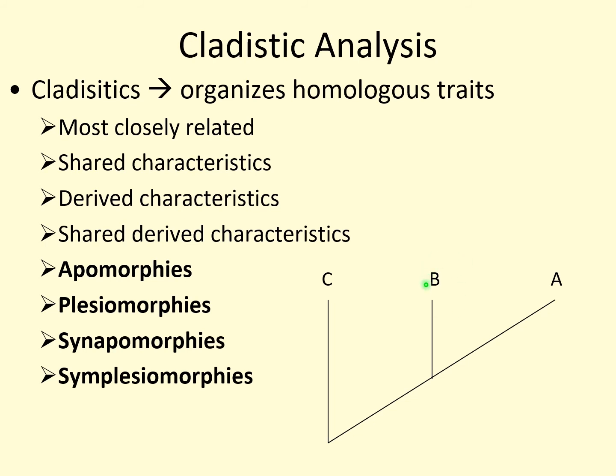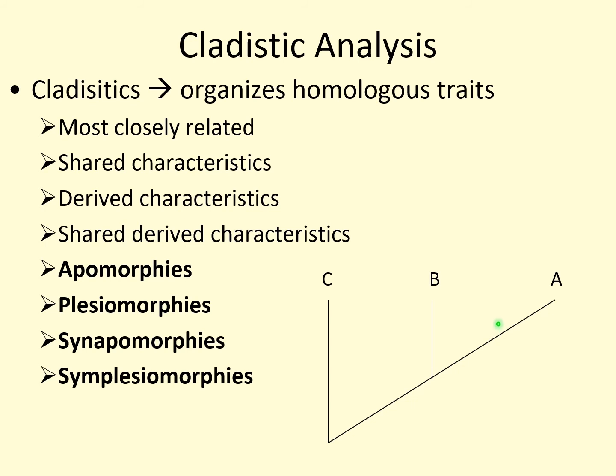B is going to have an apomorphy that C doesn't have. And because B is going to share that same derived characteristic with A, A and B are going to share that derived characteristic. That's called a synapomorphy. A synapomorphy is a shared derived characteristic.